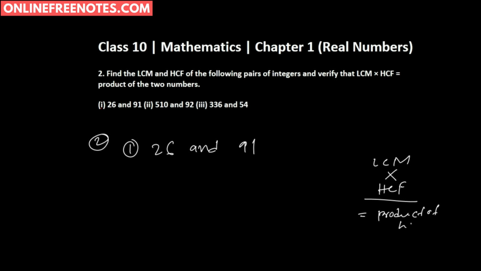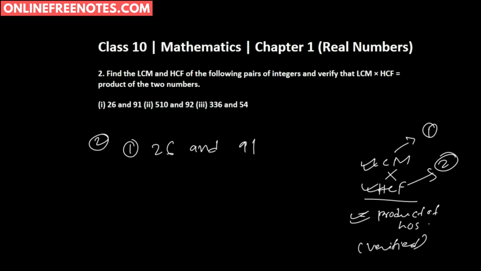If the multiplication of LCM and HCF is equal to the product of the numbers, then we will say that it is verified. So we have to complete 3 steps: first step, second step, and this is our third step. Okay, so let's solve it.